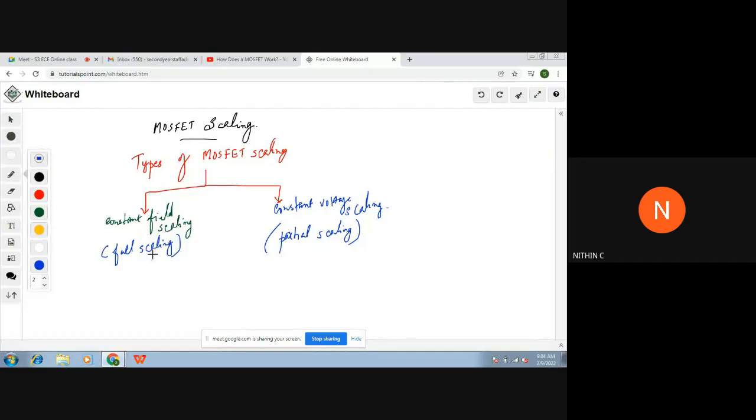We are reducing the size of the MOSFET, but even then we keep the magnitude of the internal electric field constant. In constant voltage scaling, as its name says, we will be keeping the voltage constant even while we are scaling down the size of the MOSFET. So constant field scaling is also called full scaling, whereas constant voltage scaling is called partial scaling.